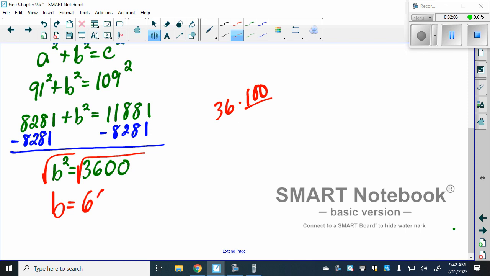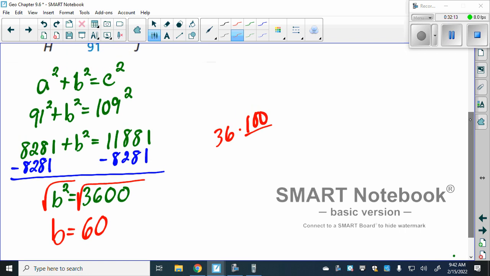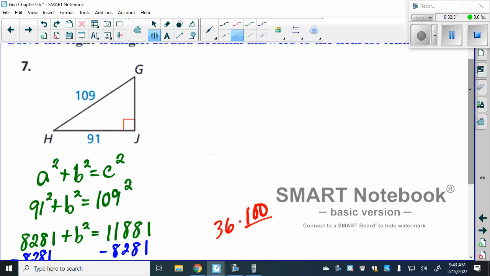So the square root of 3,600 would be 6 times 10, which is 60. And you can plug it in the calculator and see if we got the right answer. So that tells us the other side length is 60.